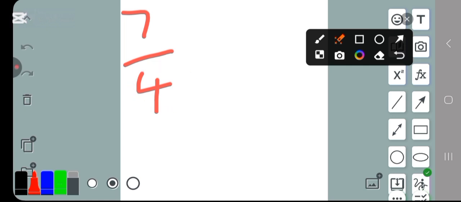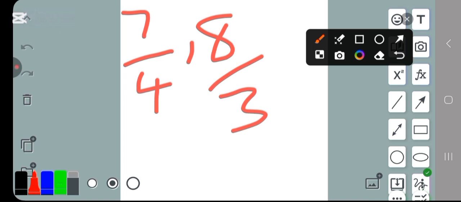So it is an improper fraction. Another example, we have 8 over 3. You can see that this 8, the numerator, is greater than the denominator 3.